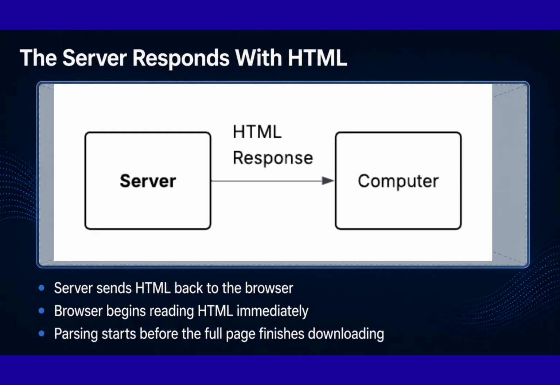The browser does not wait for the entire page to finish downloading before it starts working. Instead, the browser begins reading and interpreting the HTML immediately as it arrives. This process is called parsing. That means rendering can begin before the full document is finished downloading. Even with just this step, the browser is already preparing to build the page.